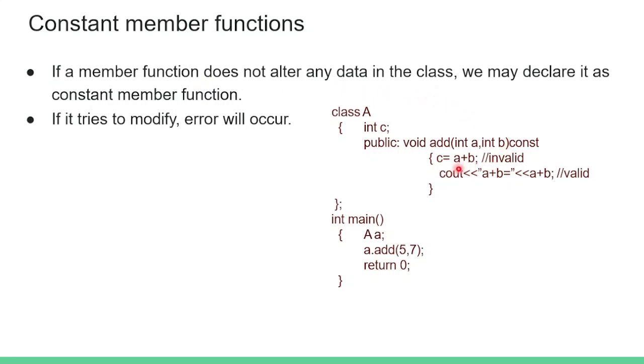Here we have c = a + b, but c is data in the class, so it cannot be altered, so this is invalid. But if we have return a + b, a + b is not data in the class, it is a parameter of the function, so it is valid. So we have a.add(), and the sum.